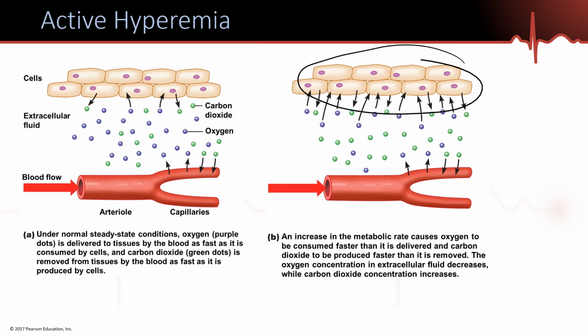In the process of making more ATP, let's say through oxidative phosphorylation, through the utilization of oxygen, they produce more carbon dioxide. And they also produce all kinds of other byproducts as well: inorganic phosphate, adenosine, potassium leaks out. There are all kinds of things that begin to leak out of skeletal muscle fibers when they start contracting more. I'm not going to ask you about a specific metabolite produced by them.